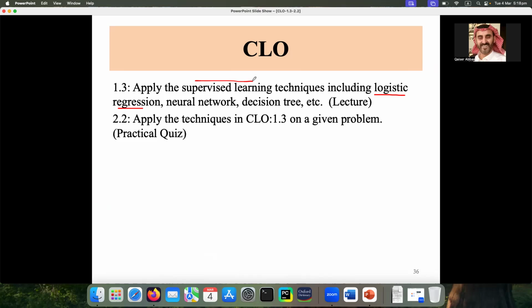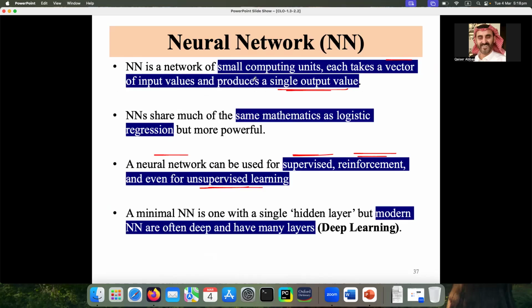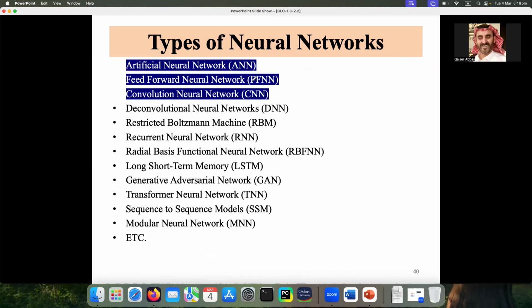This artificial neural network, ANN or simply NN, is the same thing. Then feed forward. But this CNN we will cover in unsupervised learning. It is a very detailed model, and we will cover it along with the rest of the models.